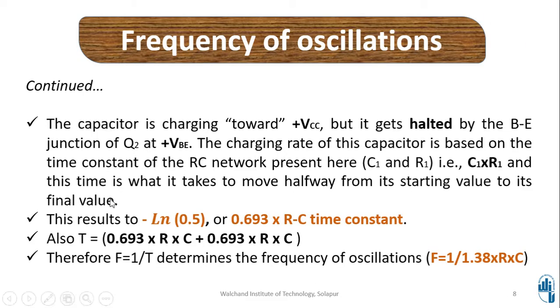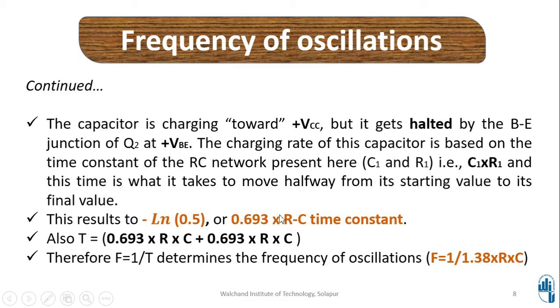Now it is very important to note that capacitor C1 tries to charge from minus VCC to positive VBE, and then it should start to charge towards positive VCC. But as the capacitor's right plate is connected to the base of the other transistor, the capacitor cannot charge up to positive VCC. So this results in a halfway charge of the capacitor in both the cycles, resulting in 0.693 times the time constant.